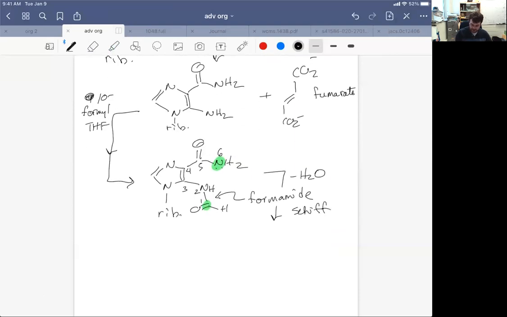So again, Schiff base is going to be the imine formation across those two atoms, and then we have our 5 to 6-membered ring system, because we've connected these two positions by way of a Schiff base.